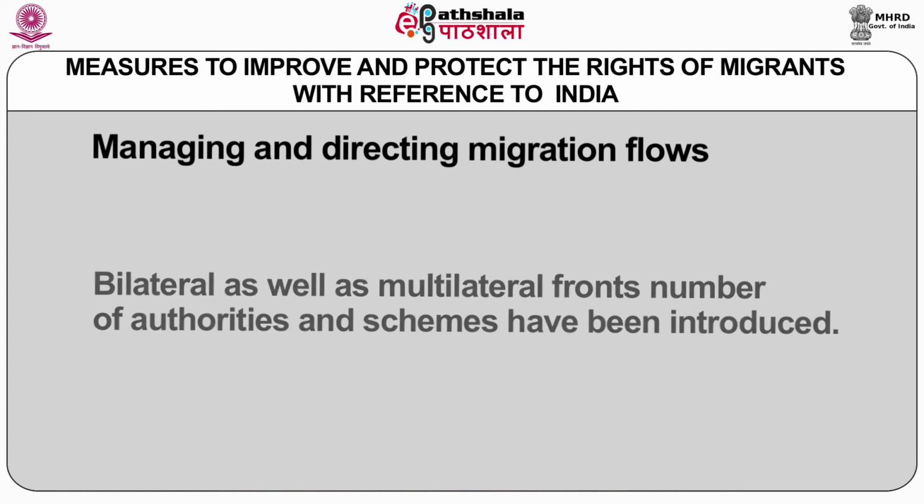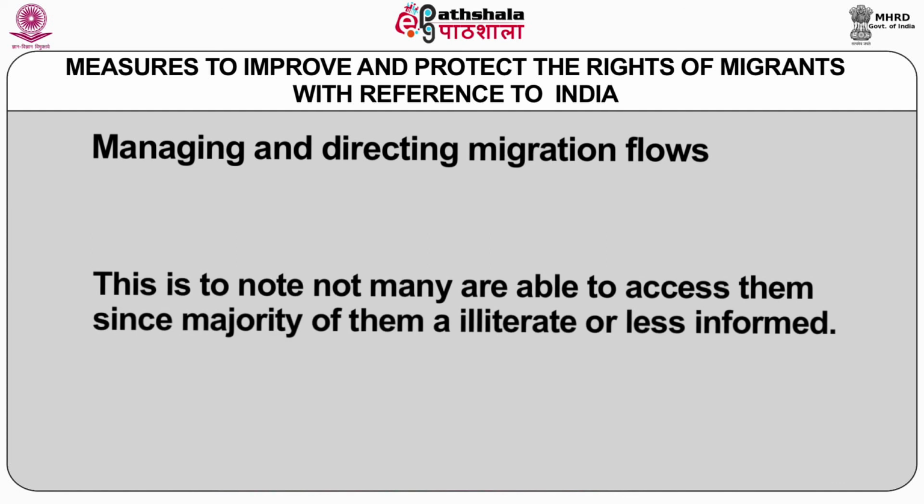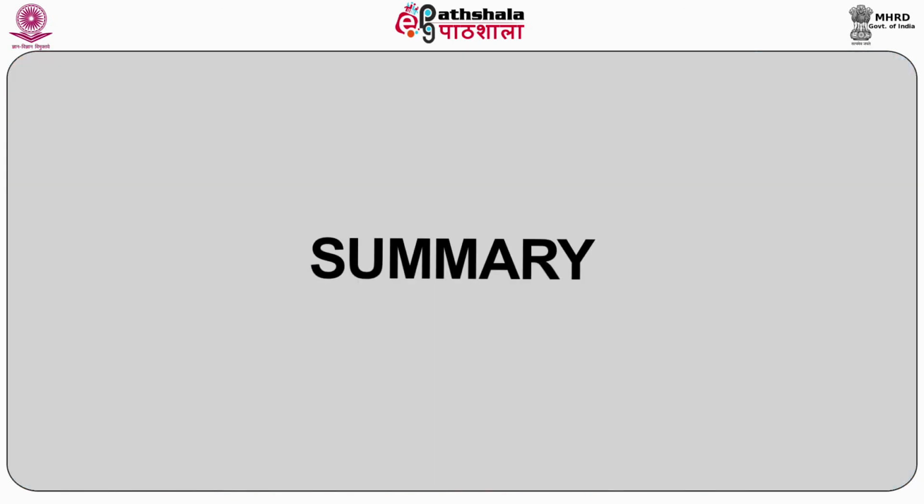It is to be noted that not many are able to access them since the majority of them are illiterate or less informed. Please look at the following table to get an overview of the government measures taken to protect the rights of the immigrants. Now let's summarize.